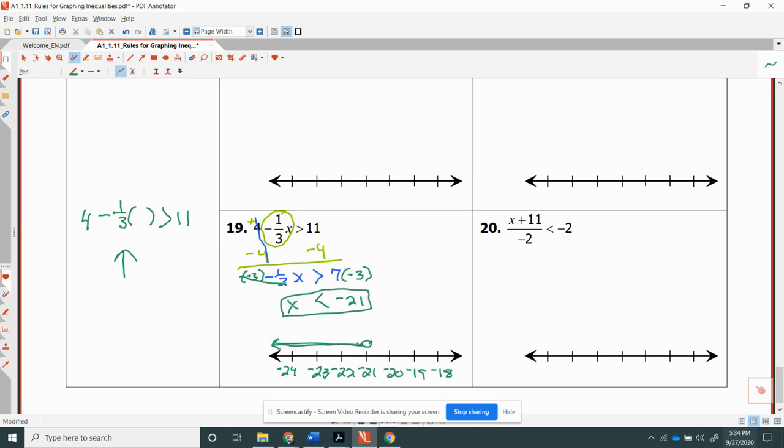We can put any integer or even a fraction, anything in here as long as it's less than -21. Remember, because of the open circle, the solution does not include -21. That's what the open circle means. So anything less than -21 will work in here and make this inequality true.